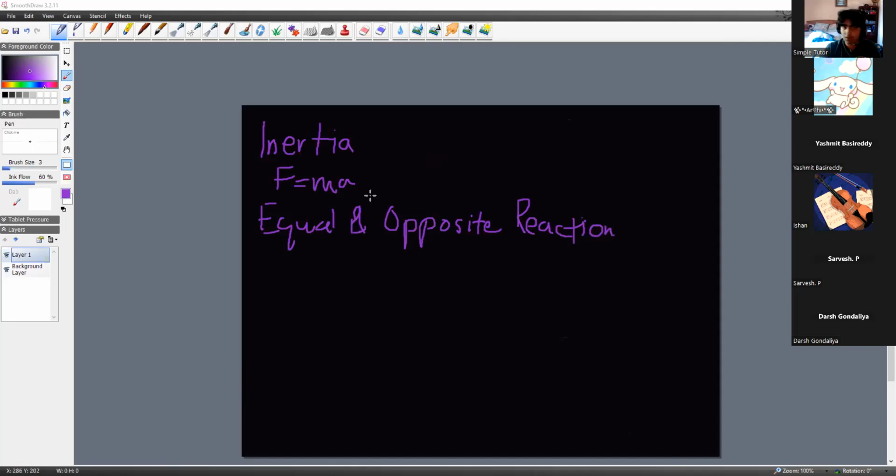These are our three big Newton's laws that we're going to use in physics. But now that we know what they are, we need to understand how we are going to use them in a real life scenario, a real life equation.